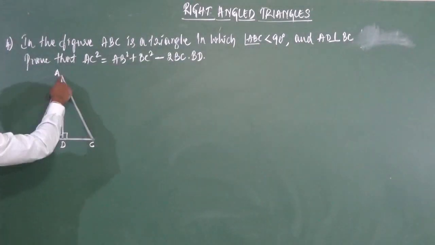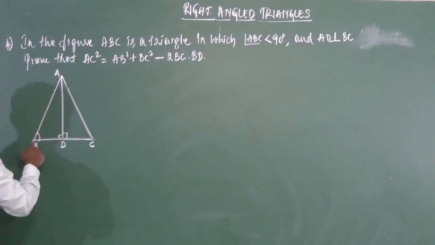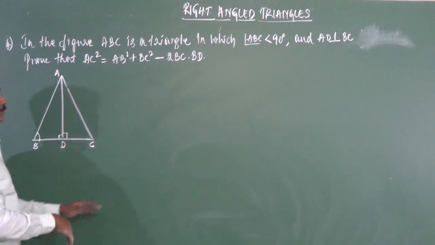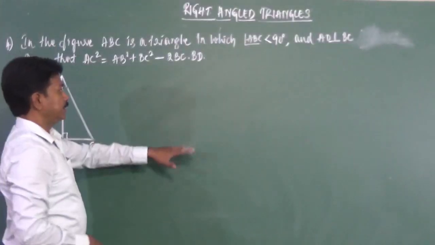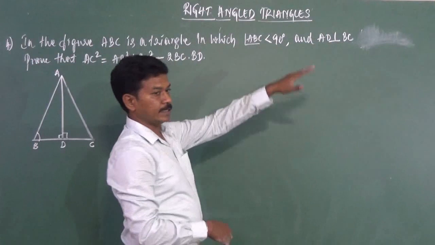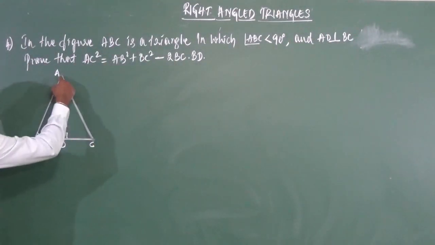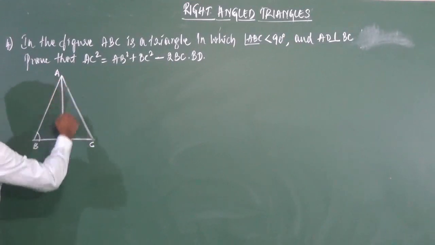Prove that AC square is equal to AB square plus BC square minus 2BC into BD. In the previous problem it was plus 2BC into BD, and angle ABC was greater than 90 degrees. So what we have to do is select the triangle ADC.